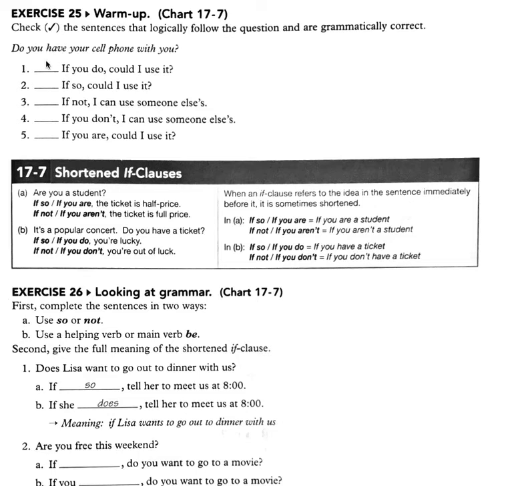Check mark. Number 2. Do you have your cell phone with you? If so, could I use it? Yes. Check mark. Number 3. Do you have your cell phone with you? If not, I can use someone else's. Yes. Check mark.